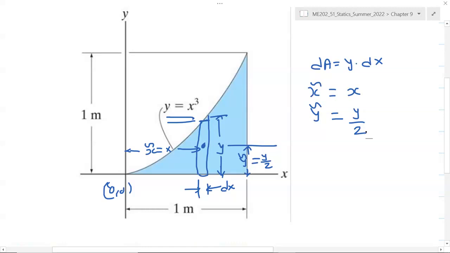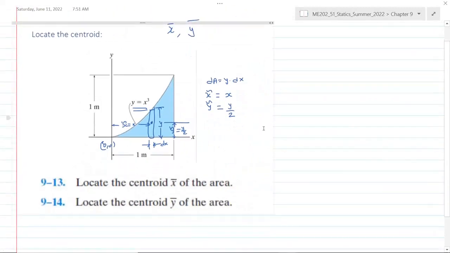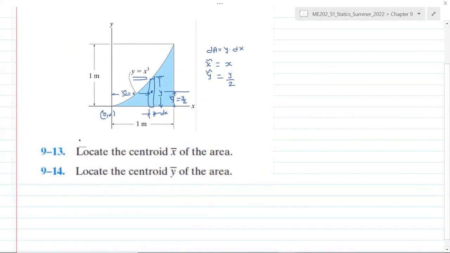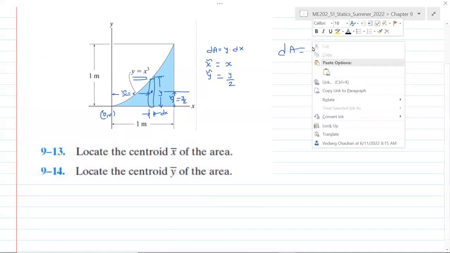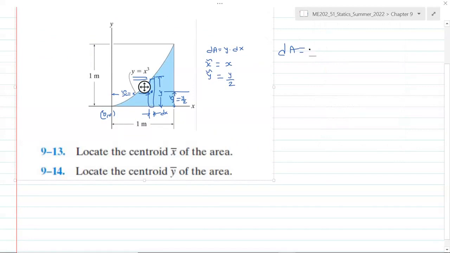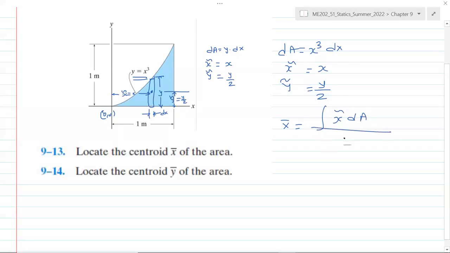So let's apply the formula for calculating the overall centroid of the shape. So y times dx is the area. Now dA is y, and y is equal to x cube. That's given to us. So we can substitute y is equal to x cube. So x cube dx is the area. x tilde is x and y tilde is y by 2. So the x centroid of the overall shape, x bar, is integral x tilde dA divided by integral over area dA.